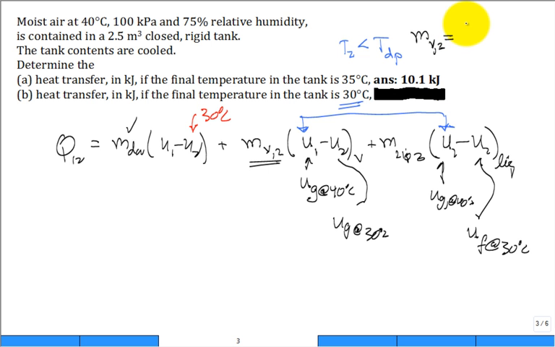So you're going to use the ideal gas equation, PV, total volume, molar mass of V over R bar T, and PV is equal to P sat at the 30 degrees C, because it's saturated air. Everybody follow that?